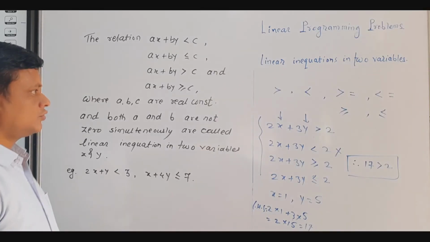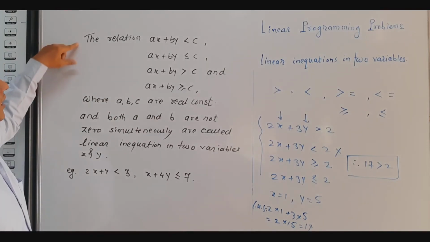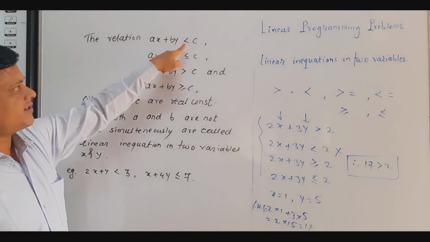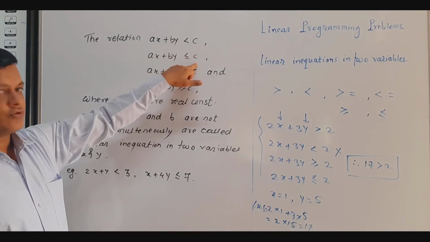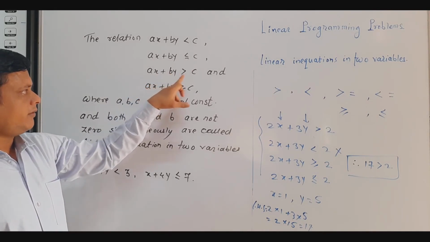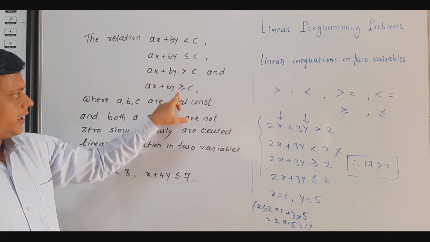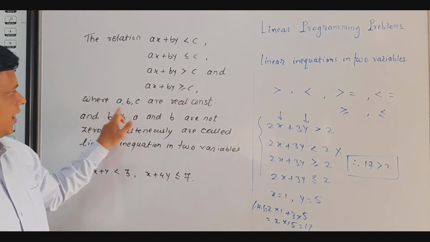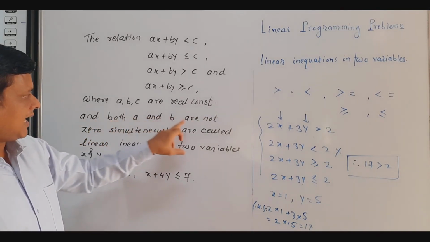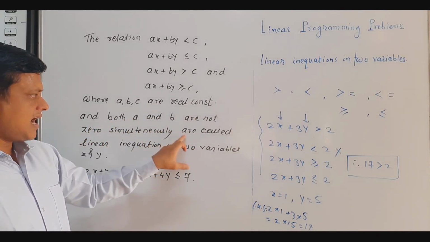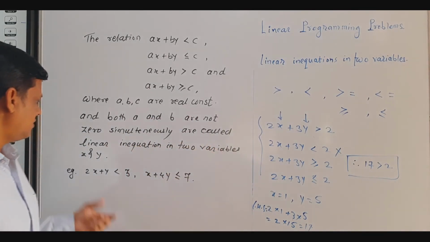So from the above discussion, the relations ax plus by strictly less than c, ax plus by less than or equal to c, ax plus by strictly greater than c, and ax plus by greater than or equal to c, where a, b, c are real constants and a and b are not both zero simultaneously, are called linear inequations in two variables.